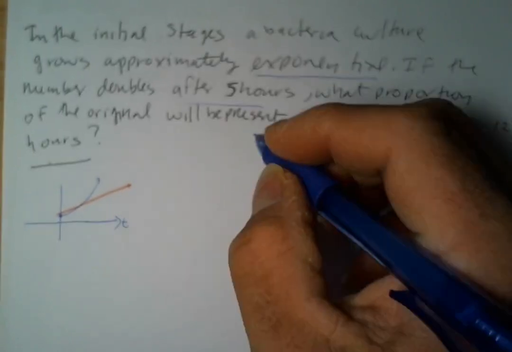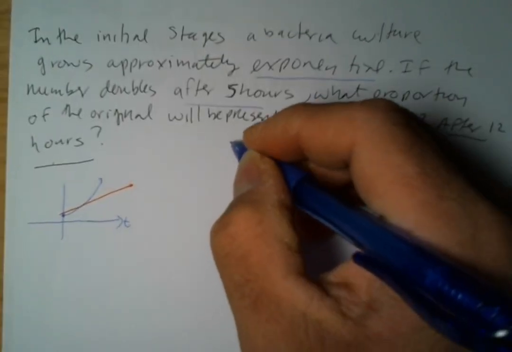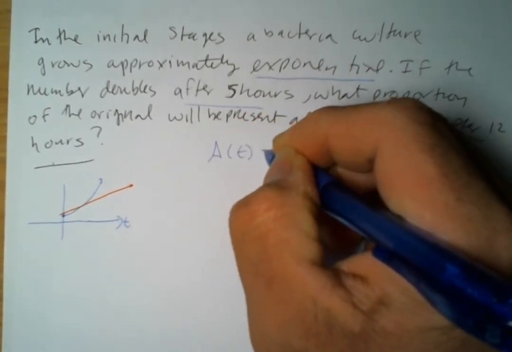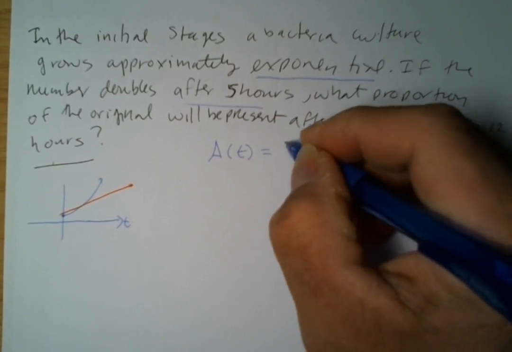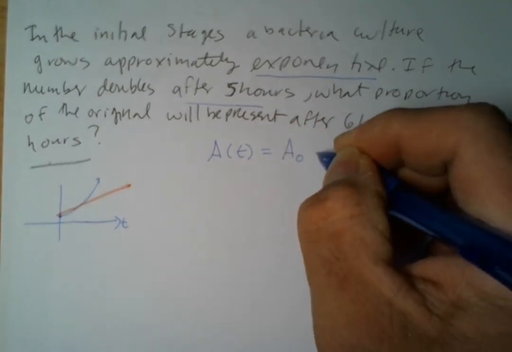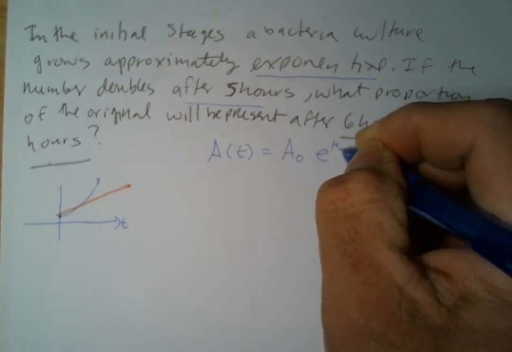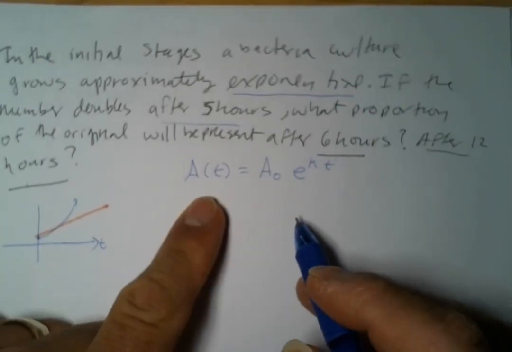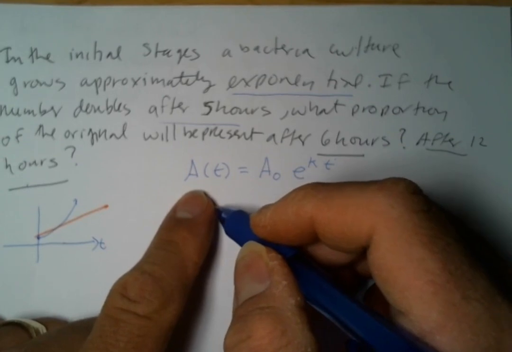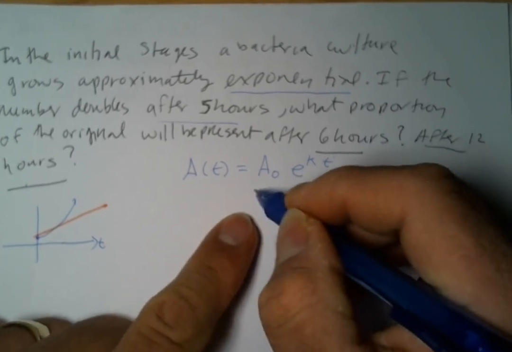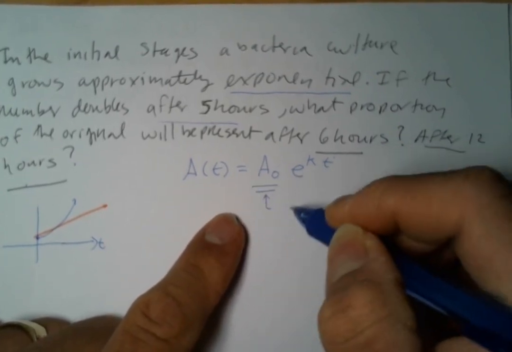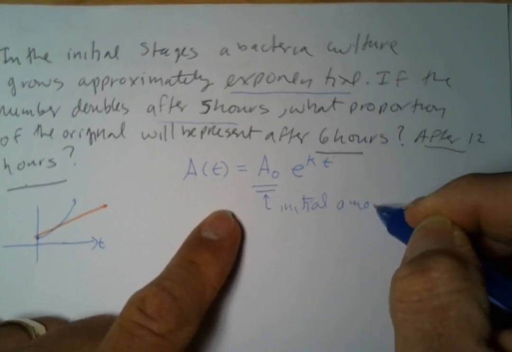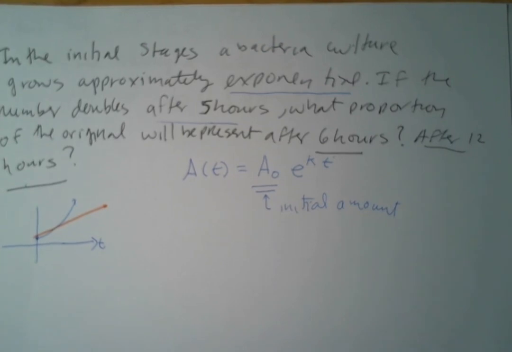So instead, we're going to take a look at our function. A common notation is this: A at some time t is A naught e to the kt, where t is some value of time, and A naught is a constant, our initial amount. Sometimes it's given as an actual number, but sometimes it is not, and that's okay.